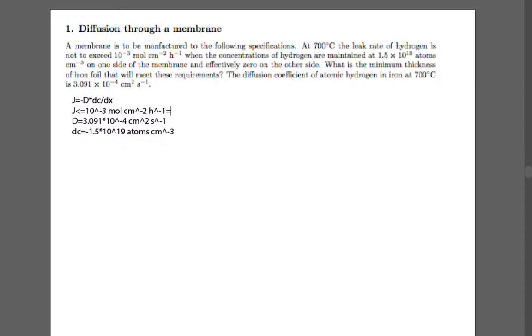Oh wait, but there's also something else, which is that we need to convert the moles into atoms, or the atoms into moles. You need to consider that as well. That gives 2.78 times 10 to the power of negative 7 moles centimeter negative 2 s to the power of negative 1.